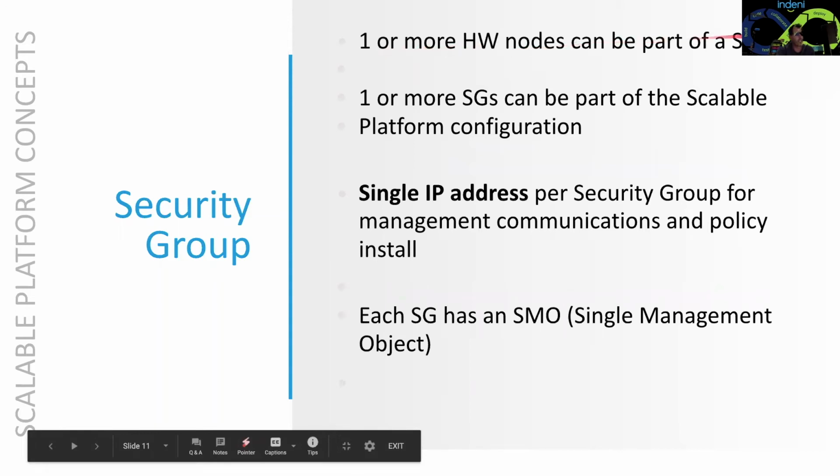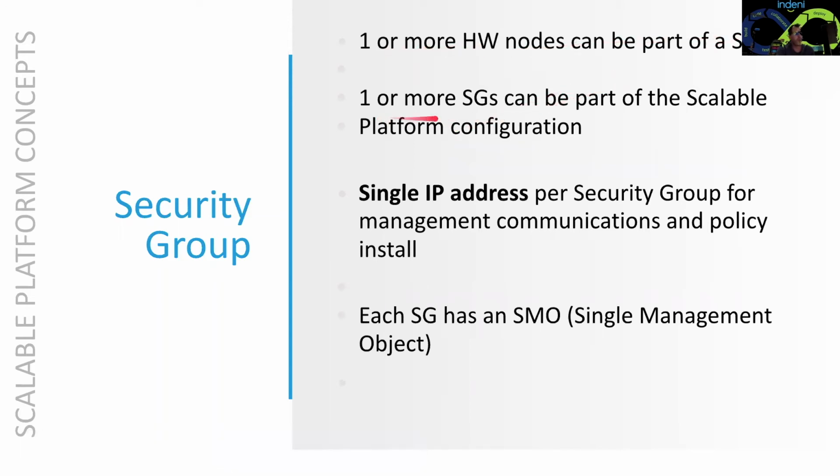One or more hardware nodes can be part of a security group. One or more security groups, we said that. We said this as well: a single IP address per security group for management communication. So we have many SGMs in a chassis or in a dual chassis environment, but only one of them, by default the active SGM with the lowest ID, communicates with the management device.